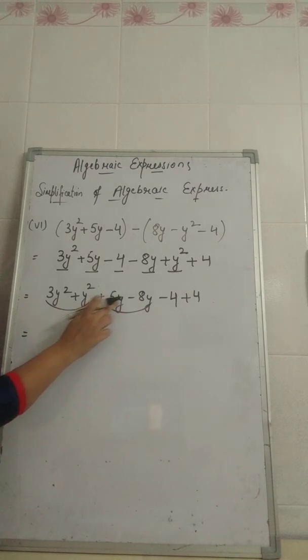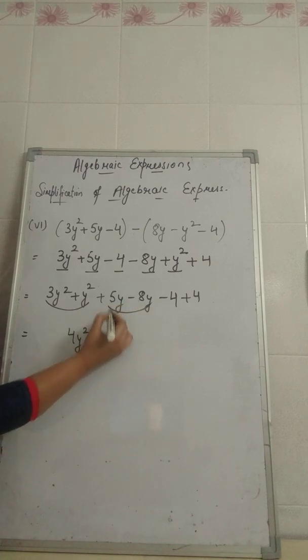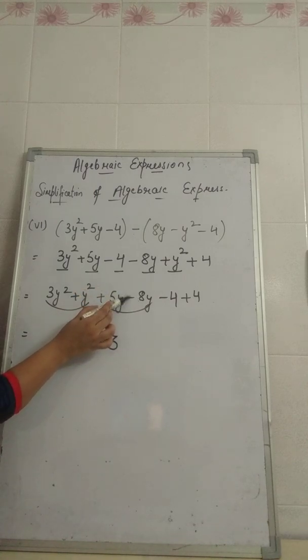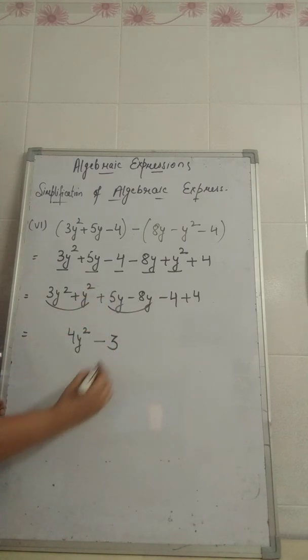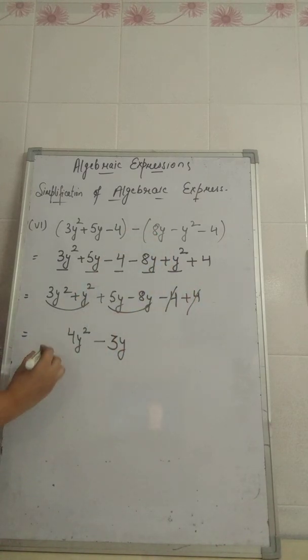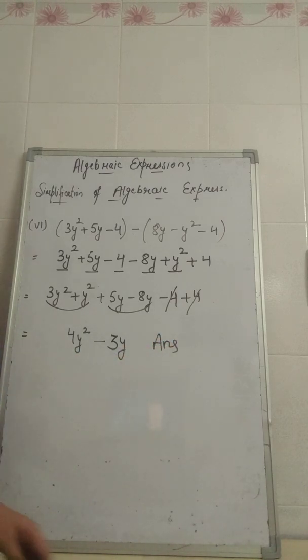If one number is positive and the other is negative, what do we do? We subtract. 8 minus 5 is 3, but 8 is bigger and it has a negative sign. So we will have minus 3y, and plus 4 minus 4 will get cancelled. So we are left with these two terms, and this is our answer.